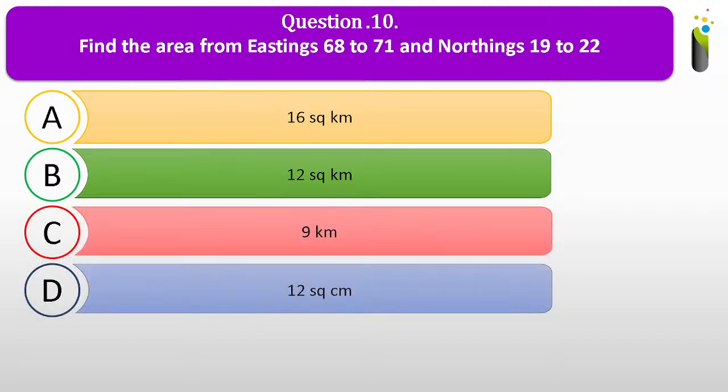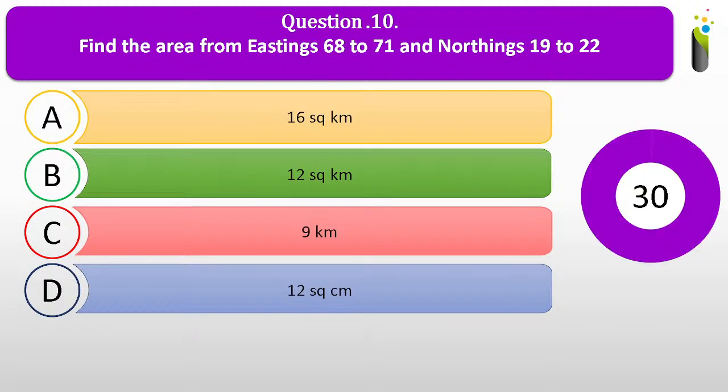D. 12 square centimeters. And the correct answer, come on, give me the answer. Put up the timer now. Easting 68 to 71 and northings 19 to 22.